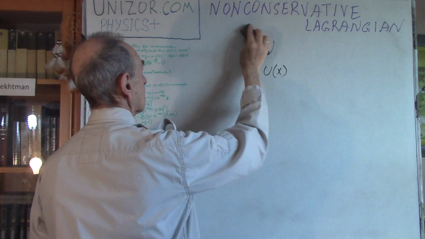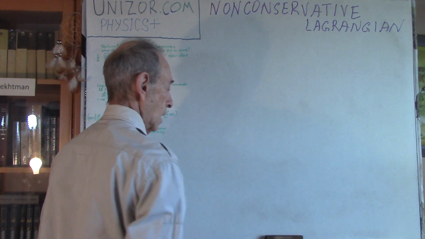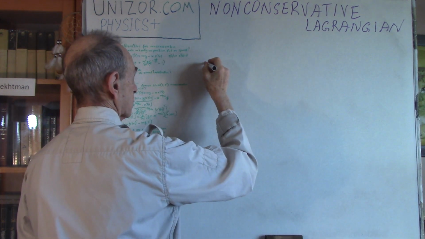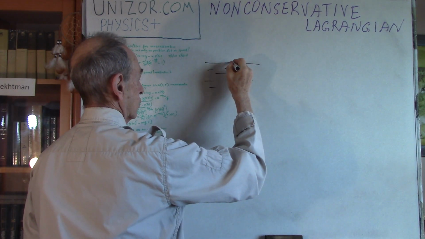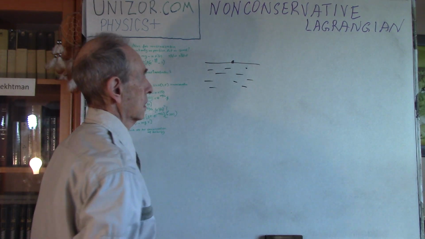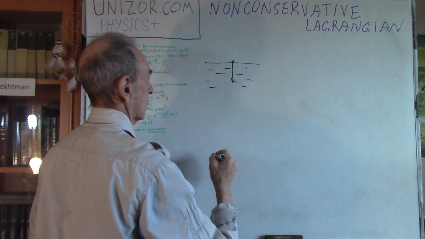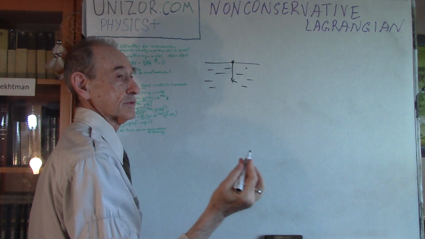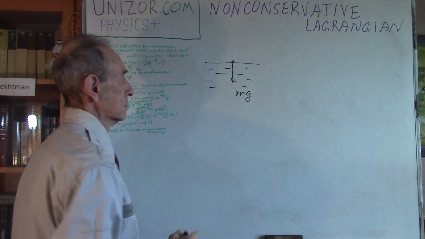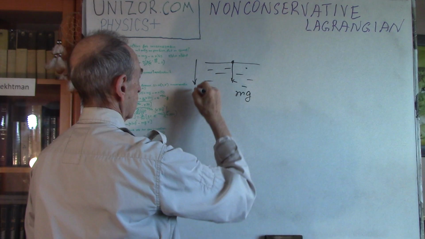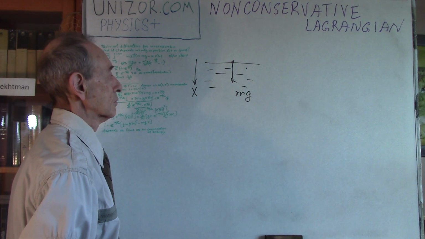But now let's consider a completely different problem. Let's say you have a surface of water, and you drop a stone. Now the stone goes down in the water. Why? Well, there are two different forces. The first force is obviously its weight. Let's say we have the x axis directed downwards.